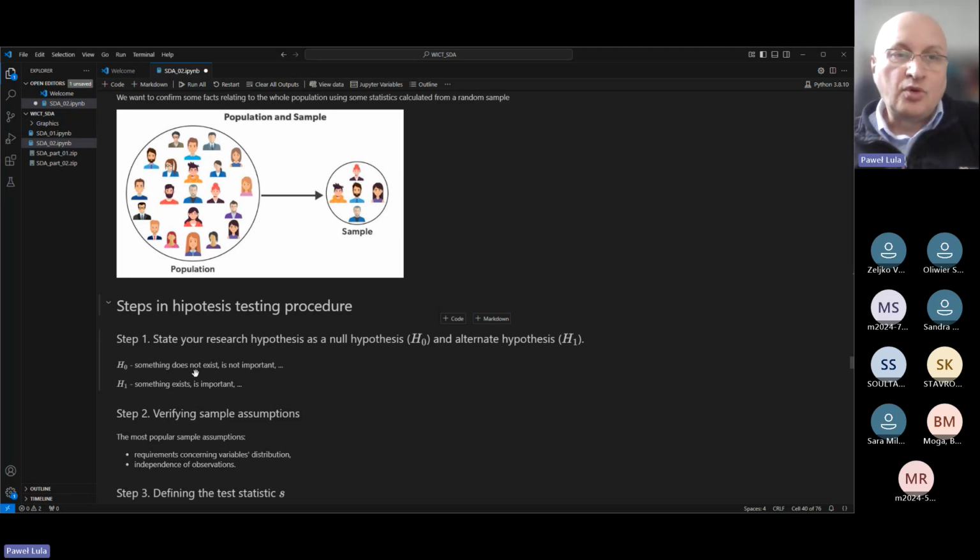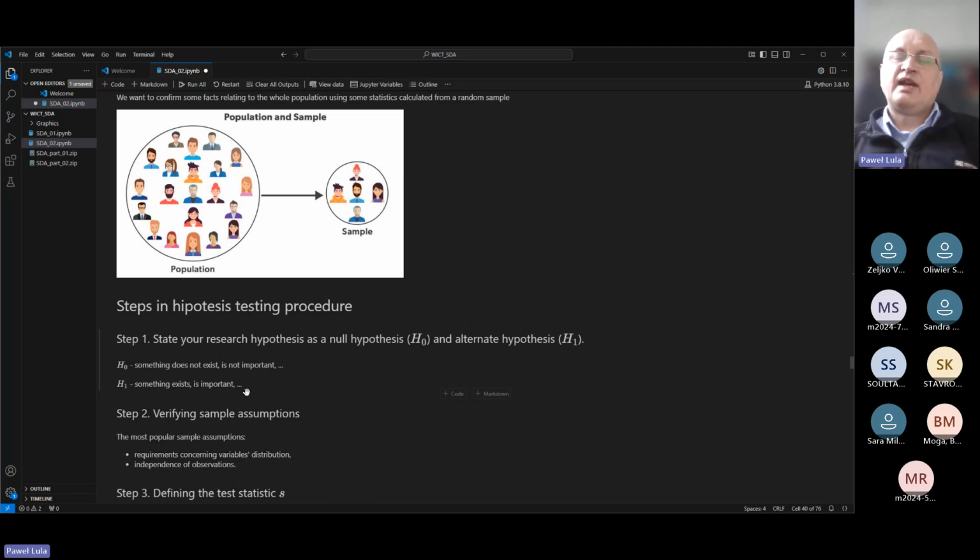We should have two hypotheses. The first one is a zero hypothesis and the second is an alternative hypothesis. This zero hypothesis says that something does not exist, that something is not true, that something is not important.